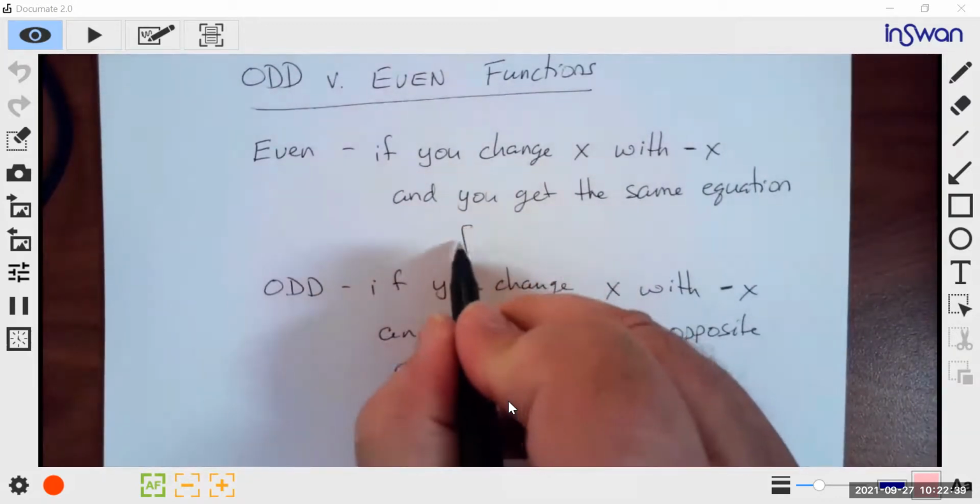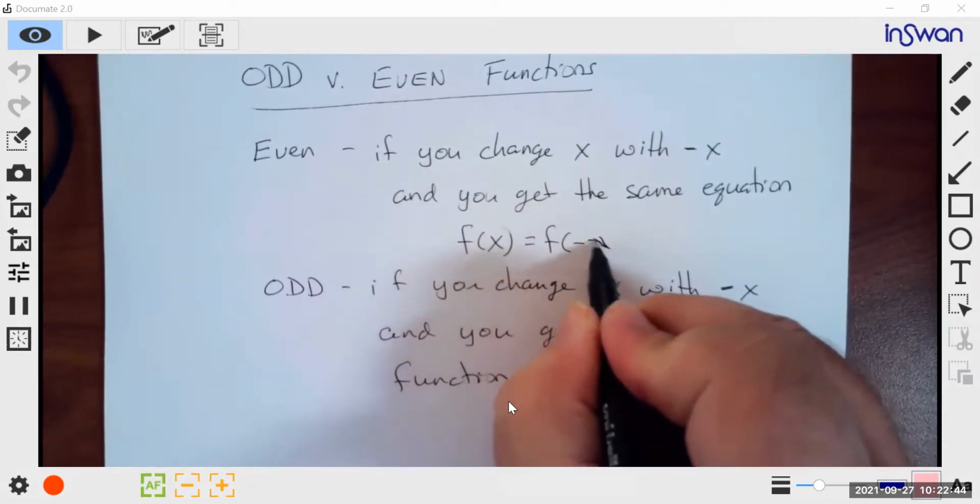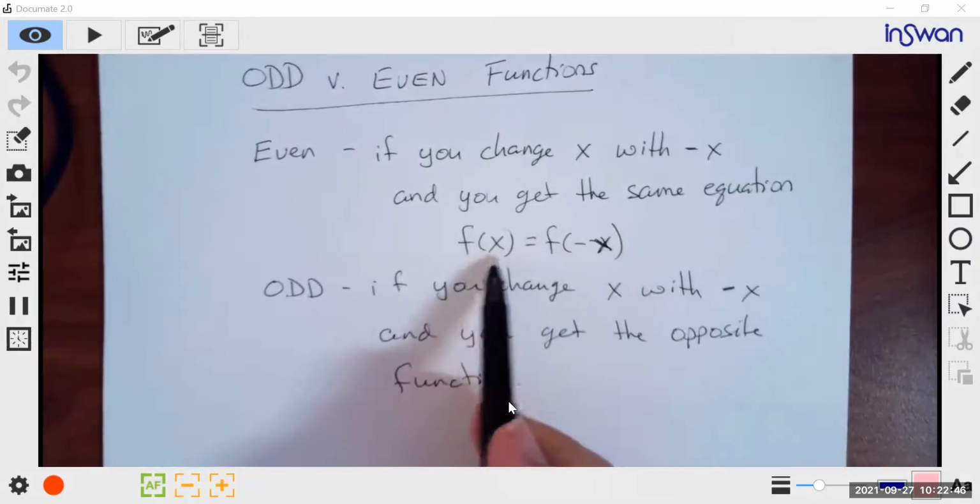This is what it means. f of x is the same thing. If you put negative x in there, it'll become the same thing you started off with.